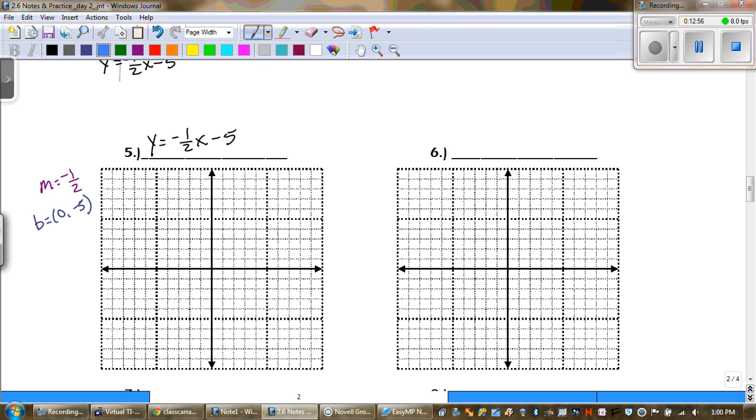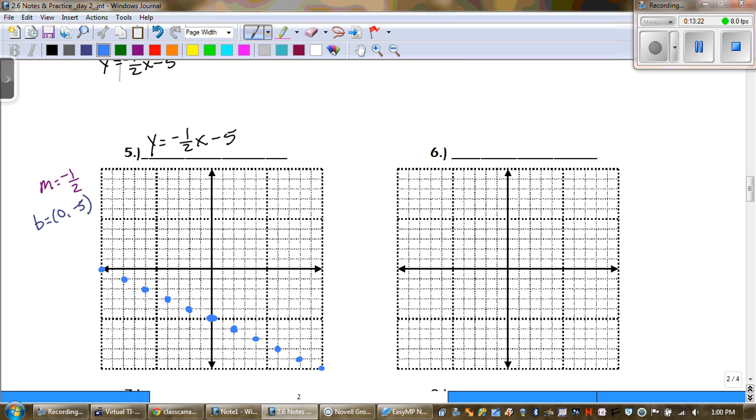So I start at -5. That's where I begin. And then I follow the slope, down 1 over 2, down 1 over 2, down 1 over 2. And I'm going to go the entire length of the graph just to make sure that it's nice and straight.